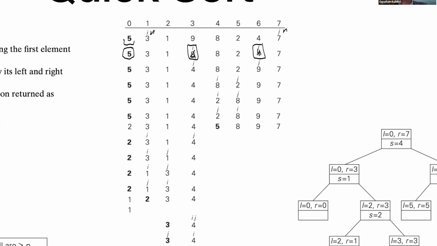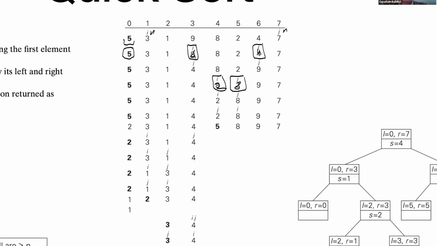So when 4 is here and 9 is here, we continue. Again, I is looking for the value that is greater than 5, which is 8, and J is looking for a value less than 5, so that is 2. You swap them, so that becomes 2, that becomes 8. And you keep doing that. But what happens?